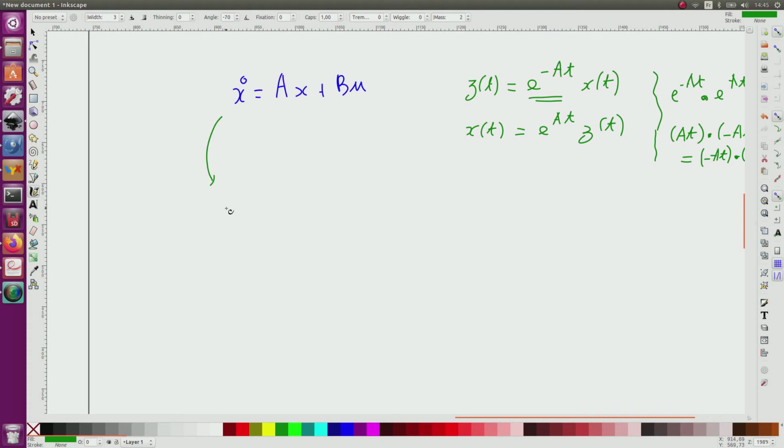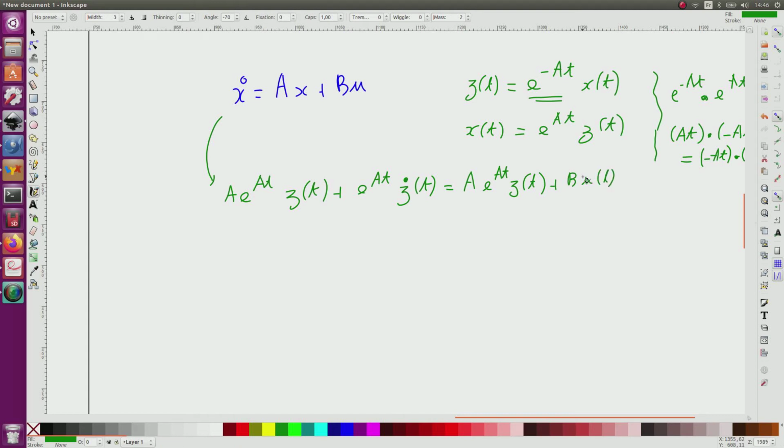I will differentiate this, and I obtain A exponential At, the derivative of this, multiplied by z of t, plus exponential At multiplied by z dot of t, is equal to, x is equal to exponential At z of t, plus B u of t.